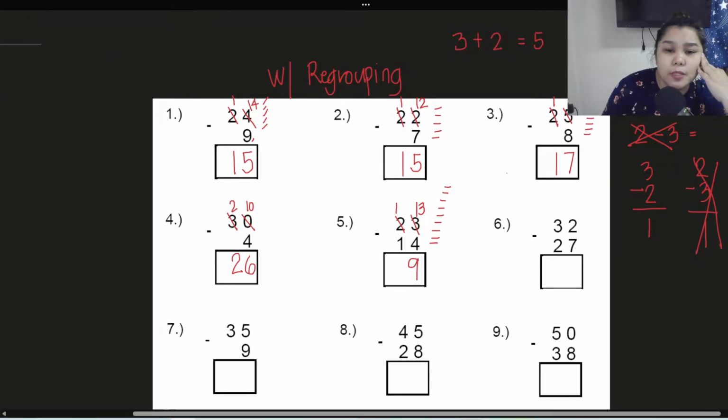Okay, now, let's proceed with number 6. 32 minus 7. So, we begin with 1s. 2 minus 7. No, we can't subtract it. So, be ready. And then we borrow. This becomes 2. And then borrow 10. So, magiging 12. So, 12 minus 7. So, count up. 7, 8, 9, 10, 11, 12.